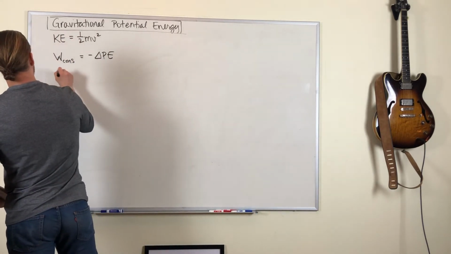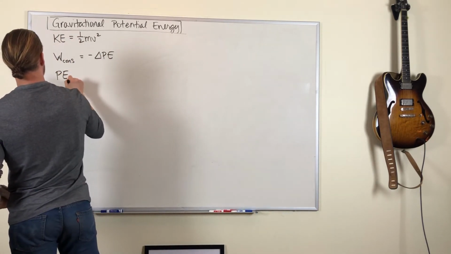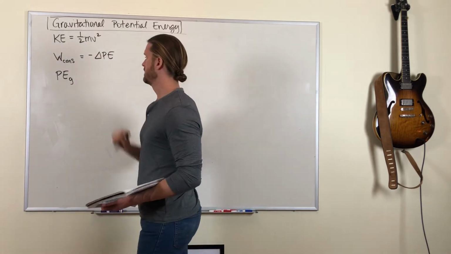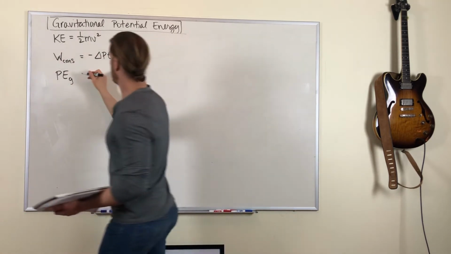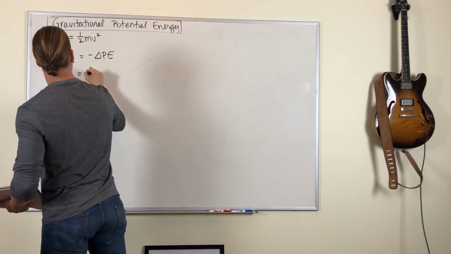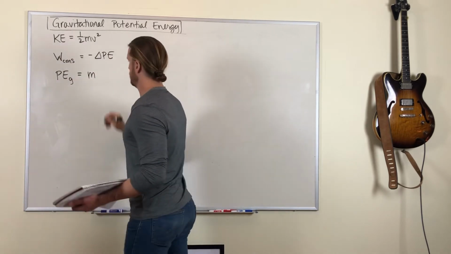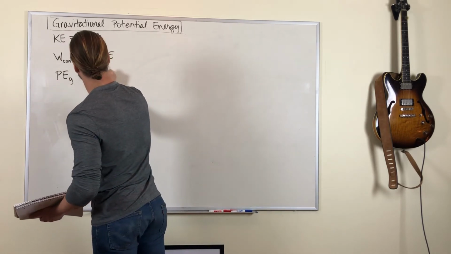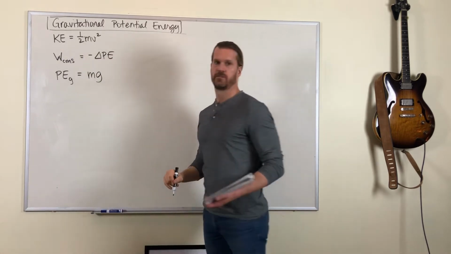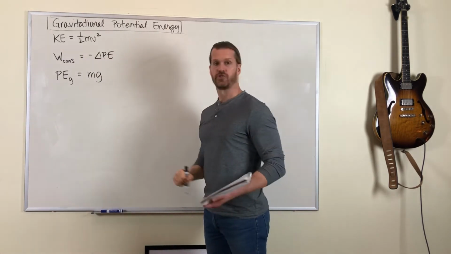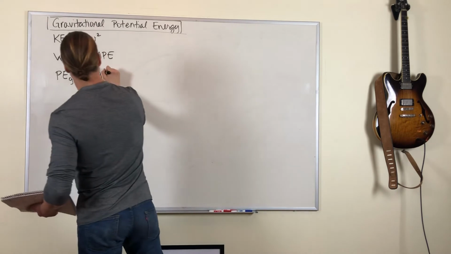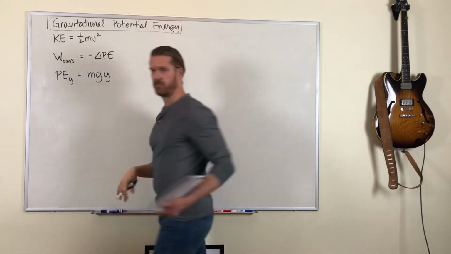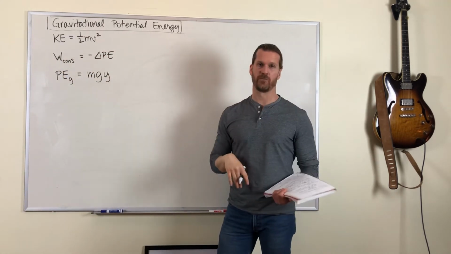The potential energy function for gravity, we'll write PEG equals the mass of the object of interest times g times the height of the object above the ground.